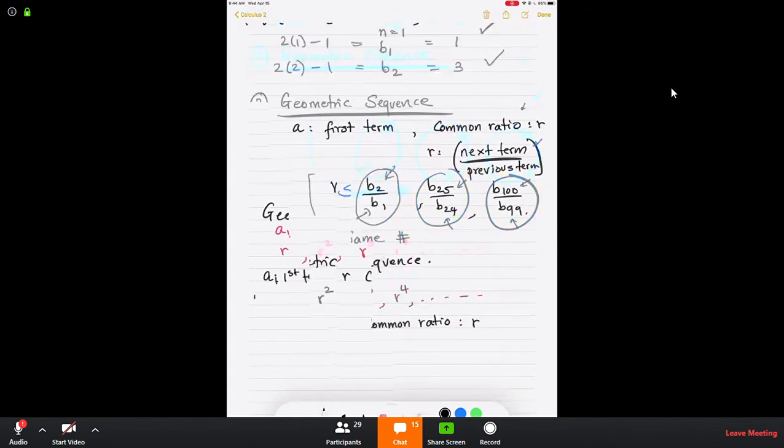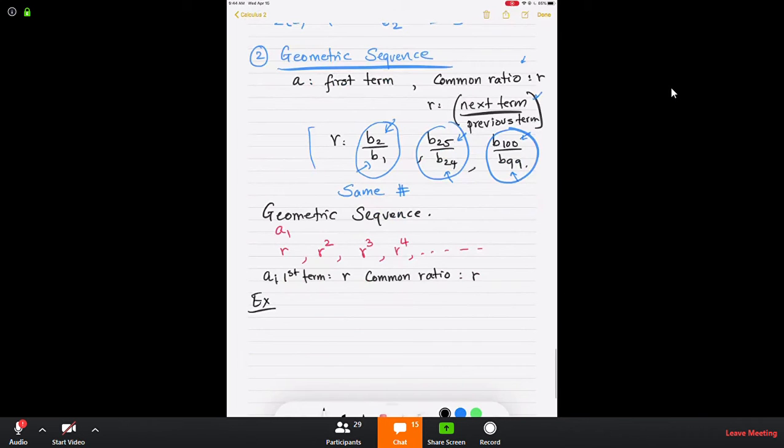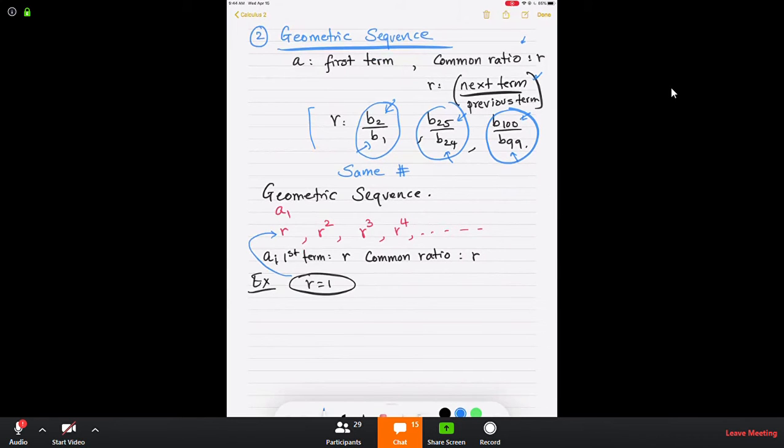Now let's put some numbers in there. What could be examples of this geometric sequence? If r equals 1, what does this sequence look like? One, one squared, one cubed, 1 to the 4th. Very good. In other words, it's just a list of ones.